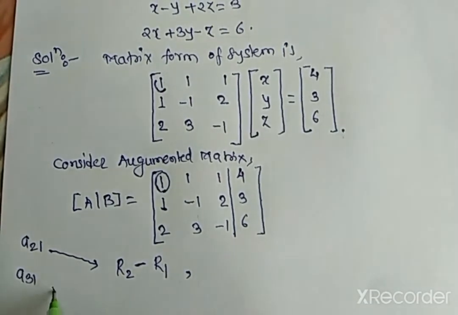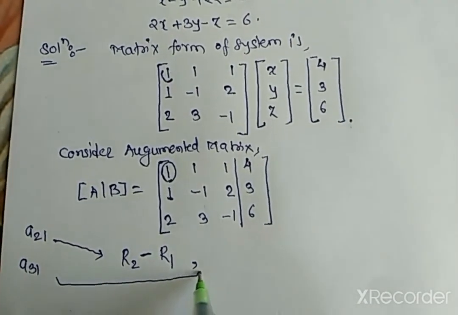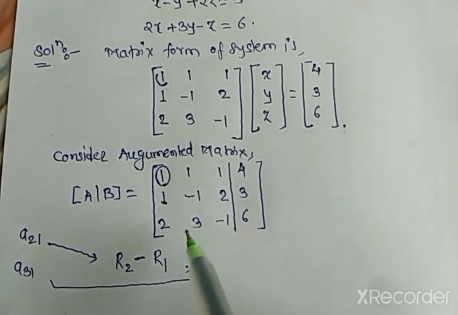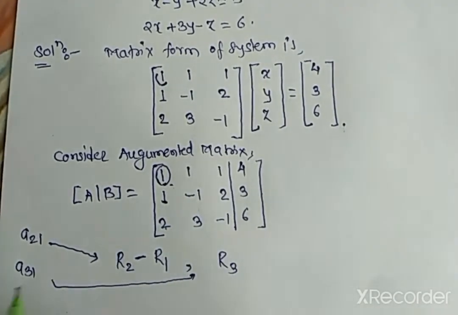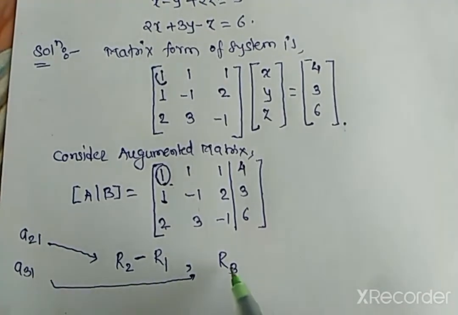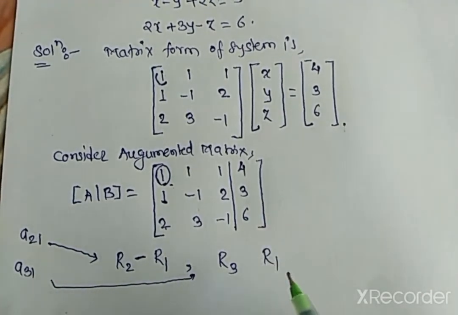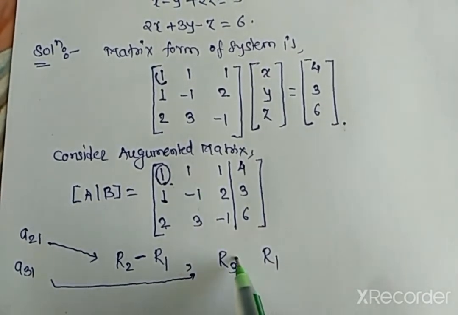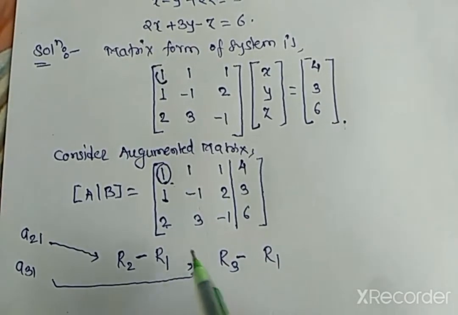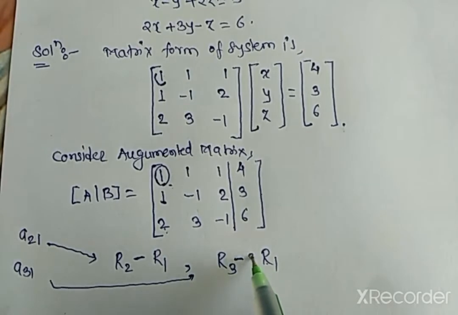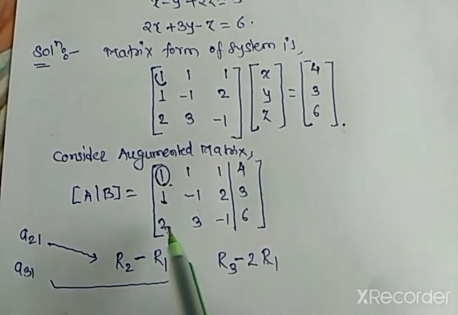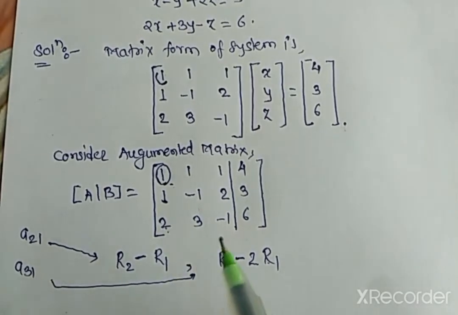And for A31, the row operation is between R3 and R1. Here it is 2 and here it is 1, both are positive, so the sign will be minus. We have to multiply R1 by 2 so that the A31 position will become 0.